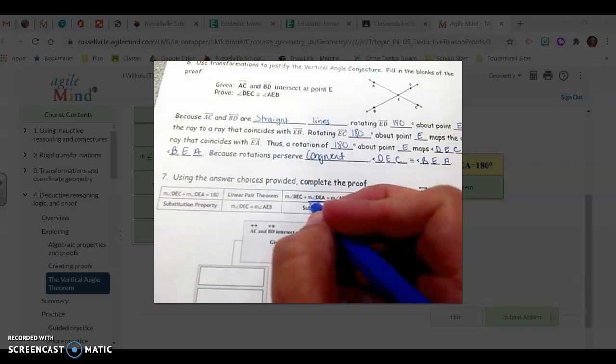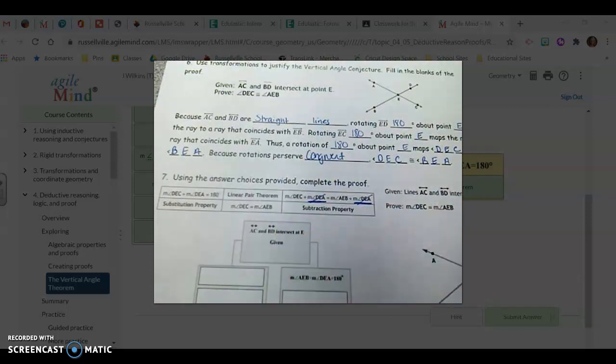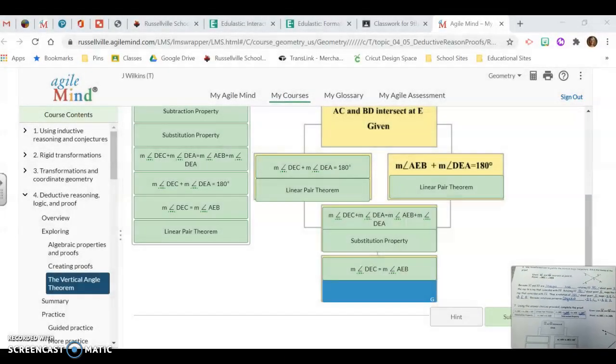So these would cancel out. And so what we're left with then is what we're asked to prove. This angle DEC equals the measure of angle AEB. And so what we did was the subtraction property. So we subtracted that angle from both sides to eliminate those, and then we're left with what we were asked to prove.